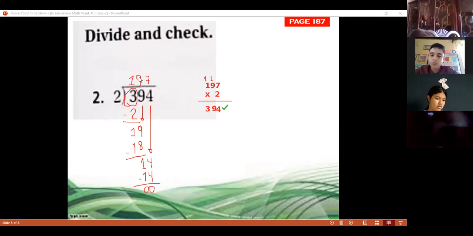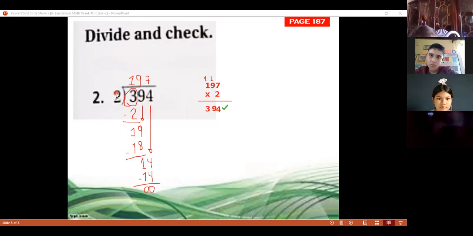Again, I'm going to explain the division. We have 394 divided by 2. The first digit to divide is the number 3. Number 3 can be divided by 2. Yes, we can divide because 2 times 1 is 2. So we write the answer of 2 times 1 here, 2. 3 minus 2, we subtract, and it's 1. Now we put down the next digit, number 9, and we get a new number, 19. 19 divided by 2.